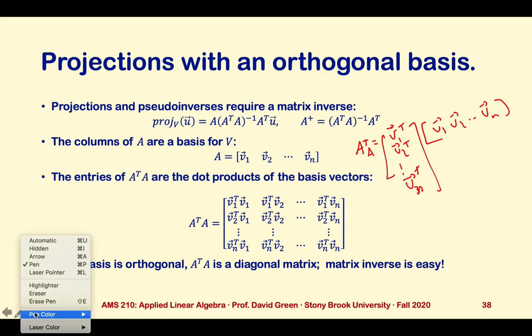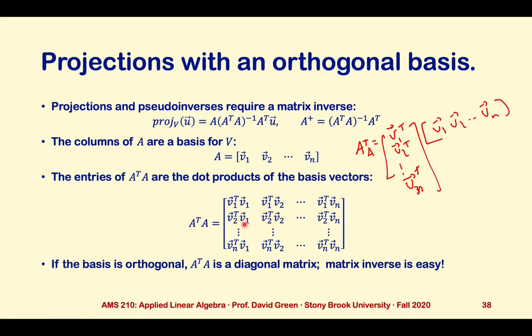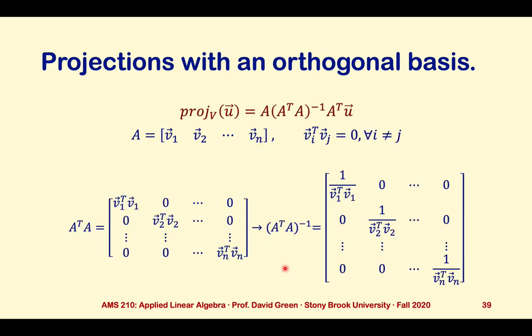However, in the case where we have an orthogonal basis, let's just worry about the orthogonal case for now, all of these off-diagonal elements, V1 transpose V2, V1 dot Vn, V2 dot Vn, anything that isn't on the diagonal, is 0. So this A transpose A becomes a diagonal matrix, and matrix inverses are easy for diagonal matrices.